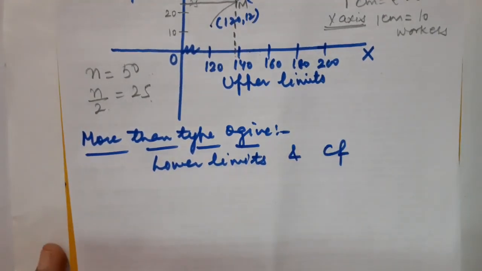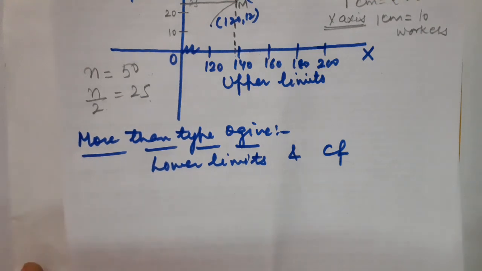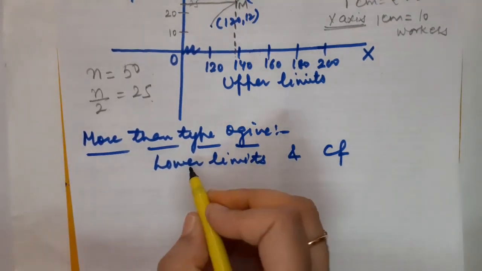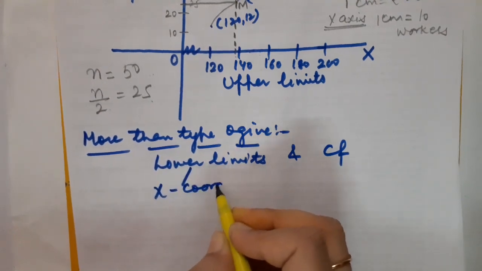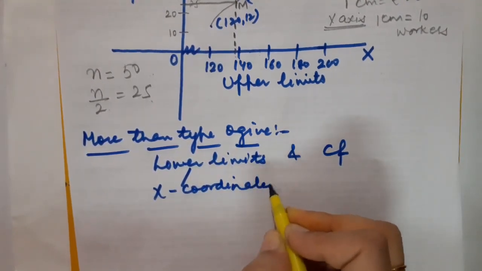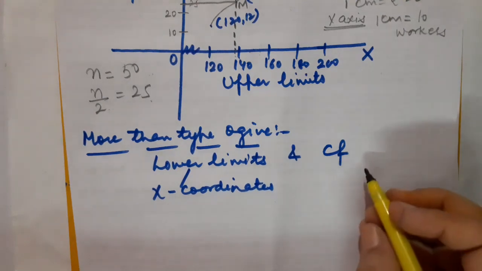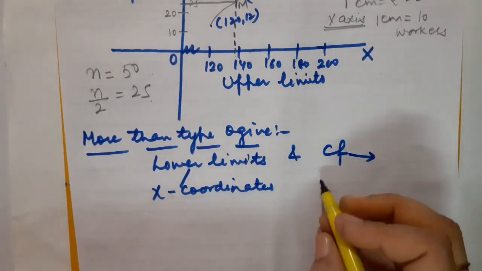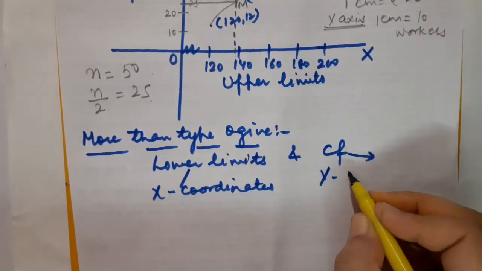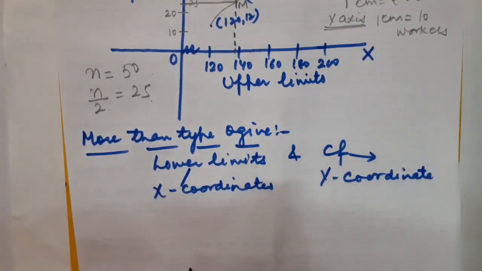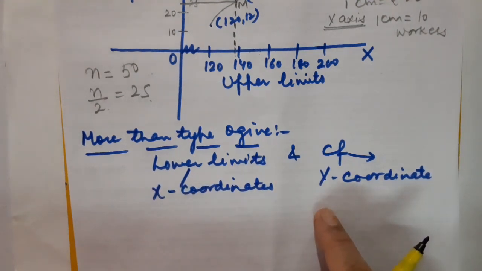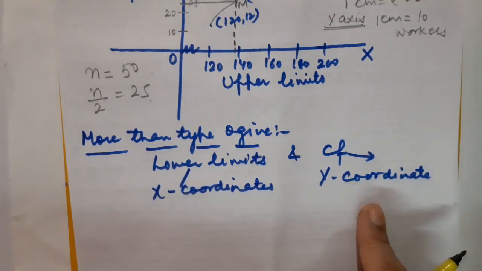Here we mark the point with lower limit as x coordinate, marked on the x-axis of course, and the corresponding cumulative frequency would be considered as y coordinate. Correct? And such kind of graph will definitely go in downward direction. Fine?